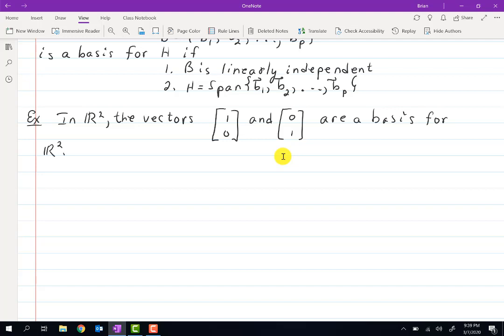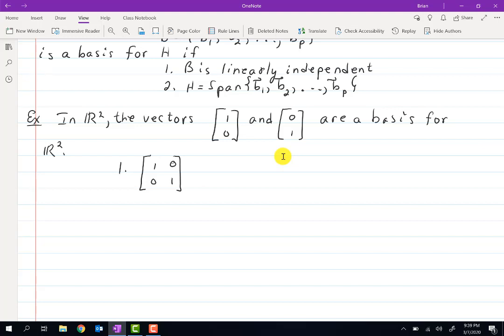I think to see that they're linearly independent, all you have to do is form the matrix with these as columns. And you can see there are 2 pivot columns. The determinant's not equal to 0, whatever way you want to look at it.